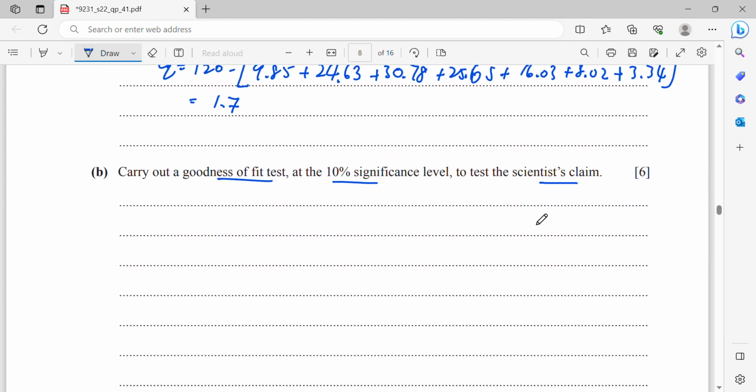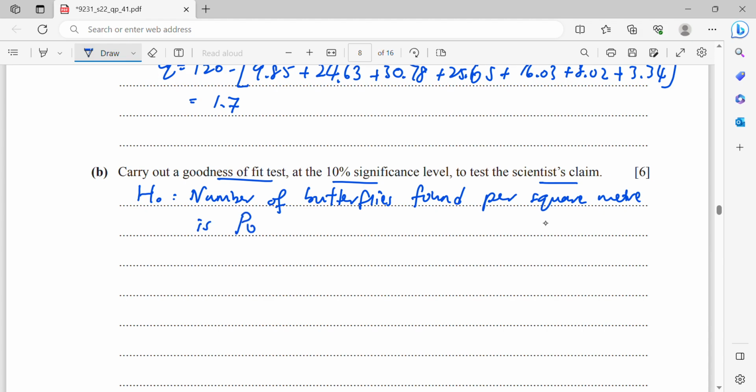So our H naught: the number of butterflies found per square meter, just copy from the question, is Poisson distributed with mean 2.5.